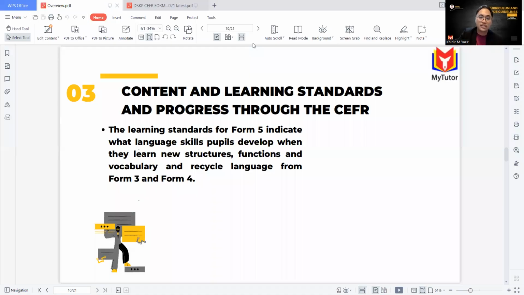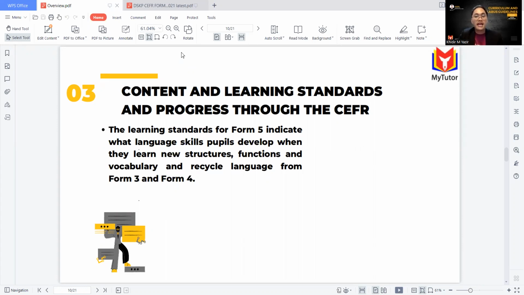Okay, so how about Form 5, right? So the learning standards for Form 5 indicate what language skills pupils develop when they learn new structures, functions, and vocabulary, and recycle language from Form 3 and Form 4.